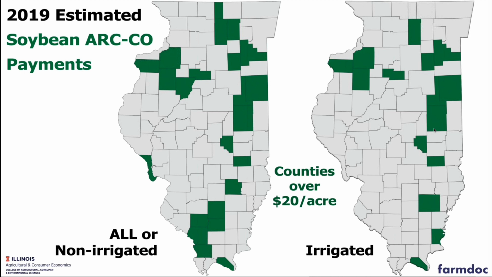It's come close to that in past years. That's a 40-cent payment rate. If you have even a 100 bushel base yield, that's $40. 40 times 0.85 will put you at roughly $30 per acre. So it's a tougher decision. All right.